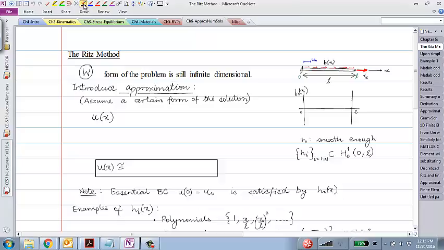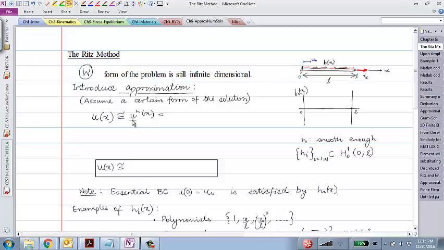So what I want to do is approximate the real displacement with u_h(x), and I will do that by writing this as a linear combination of some functions.